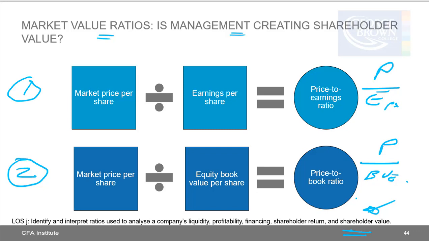With regards to price to book ratio, the book value of equity reflects the historical costs and essentially measures the amount shareholders have invested in the company through its lifetime. A ratio greater than 1 indicates that investors believe that the company is worth more in the long run than the amount the shareholders have invested in it. In other words, the company's management has created value for shareholders since their original investment. A ratio of less than 1 is an indication that the company's managers have destroyed value.